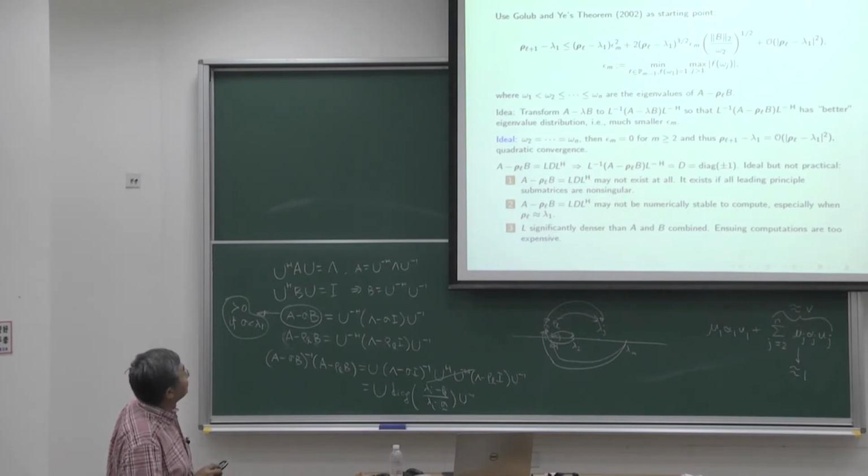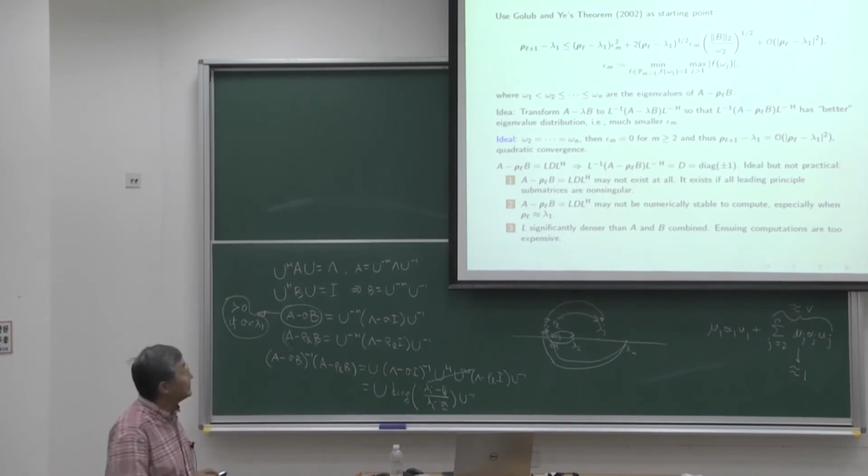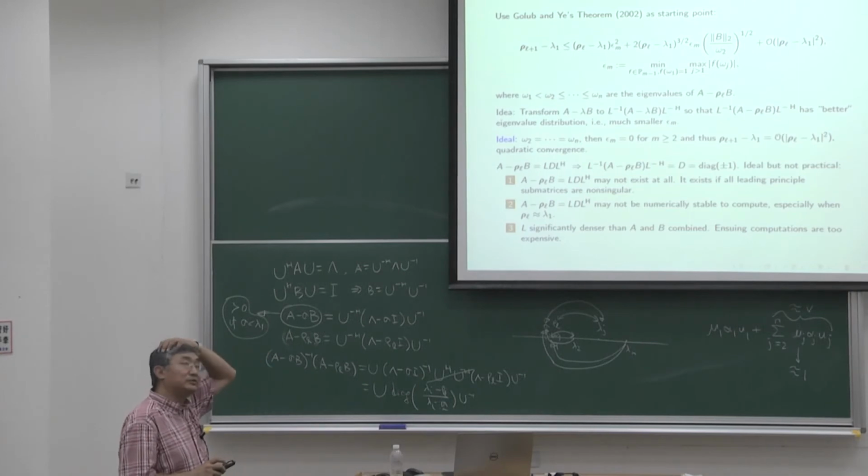So this is the original problem. I'm going to transform it by L inverse from the left and L inverse conjugate transpose from the right, in such a way that this L inverse is easy to do. L could be lower triangular in most cases, then L inverse is forward substitution.